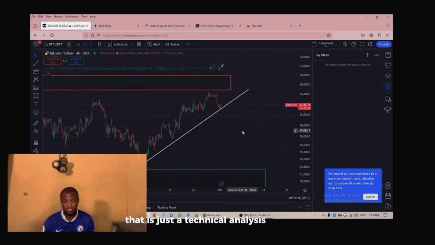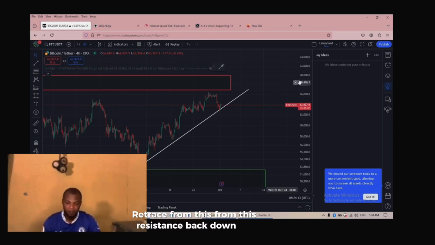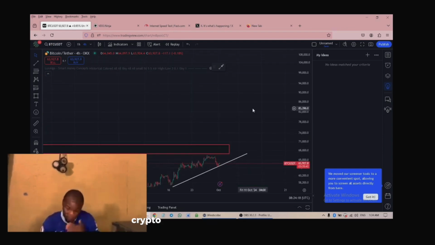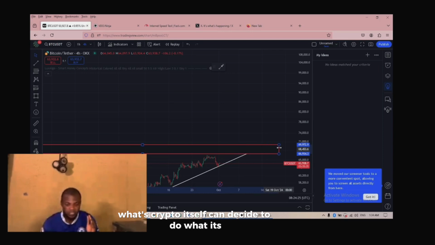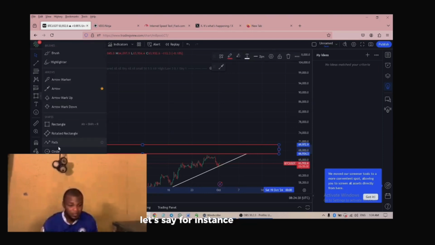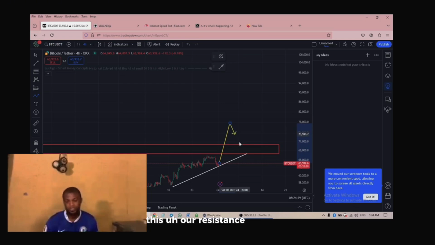That is just the technical analysis. Technically, we may retrace from this resistance back down, but crypto traders, we speculate, but crypto itself can decide to do what it wishes to do. So let's say for instance this particular token is surpassing this our resistance.